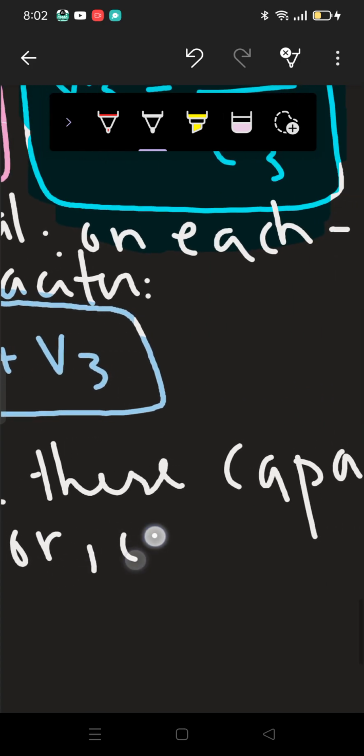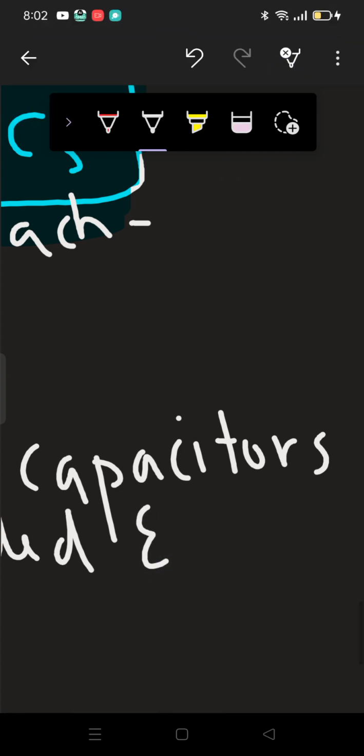This is called the equivalent capacitor.